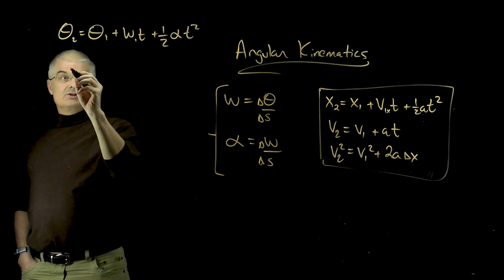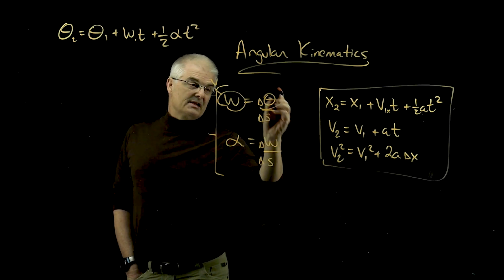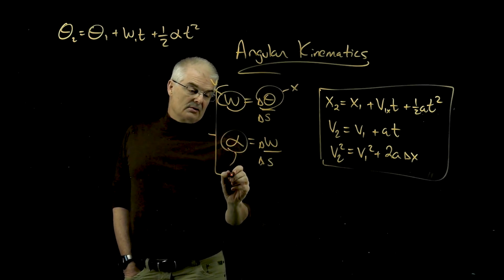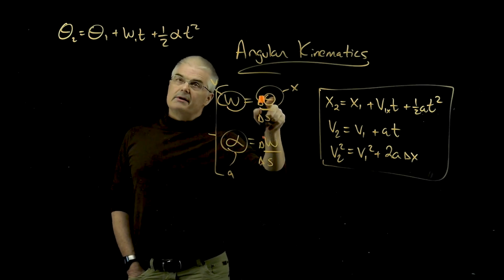And so w is like the velocity, theta is like your x, and alpha is like your a, because that is acceleration, this is speed, and this is how many radians in the circle.